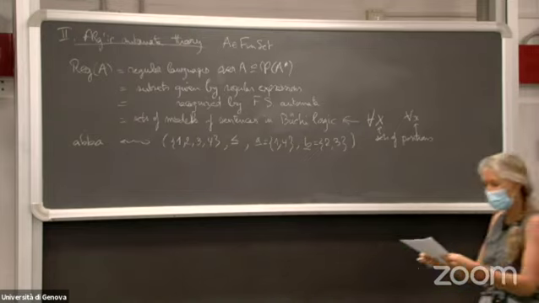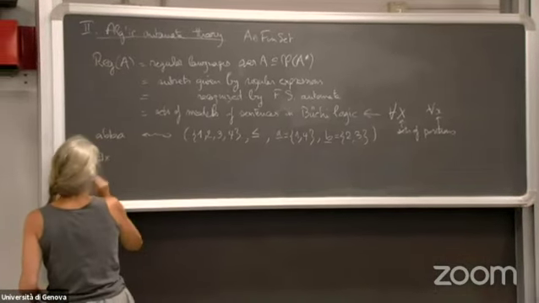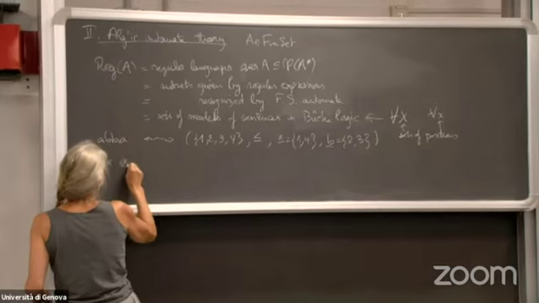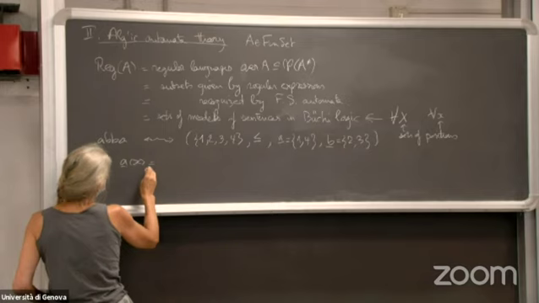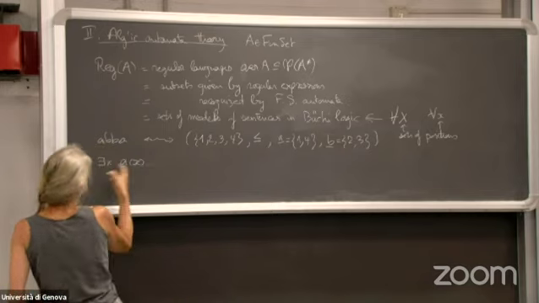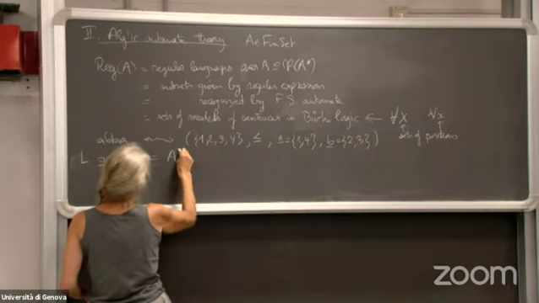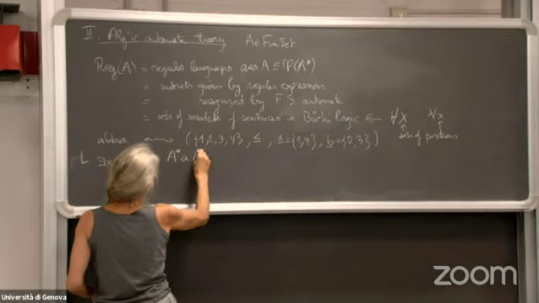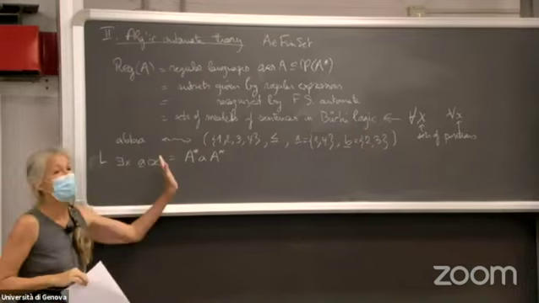For example, you can say there exists a position in which there's an A. And this is the models of that. So we call this the language given by this sentence. This would be given by this regular expression. Right, there's just somewhere an A.